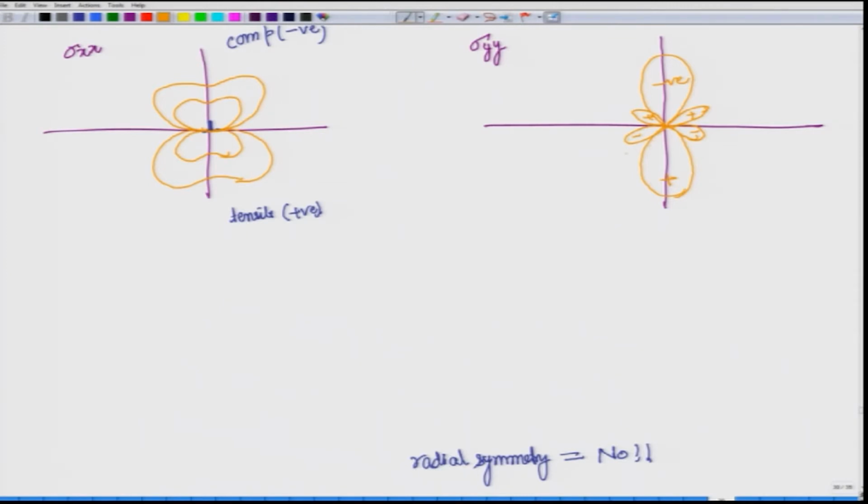So, you can draw a line here like this, which is at 45 degrees. We will be able to draw the different stresses in different quadrants of the xy axes. We will come to that, but first let us look at the other stress fields.